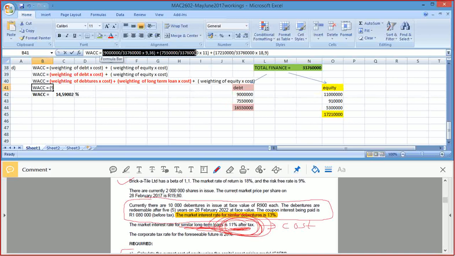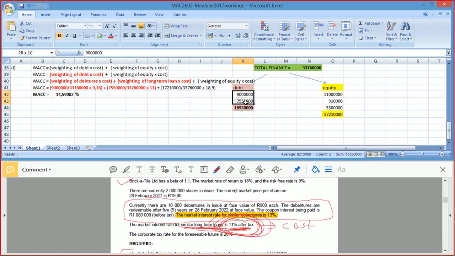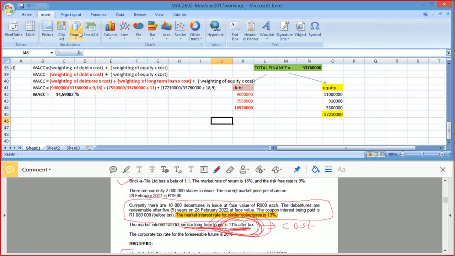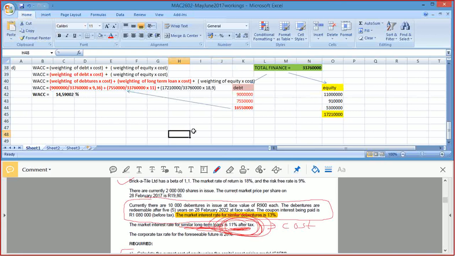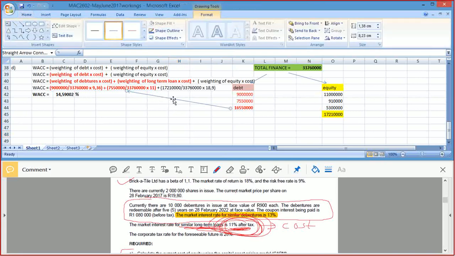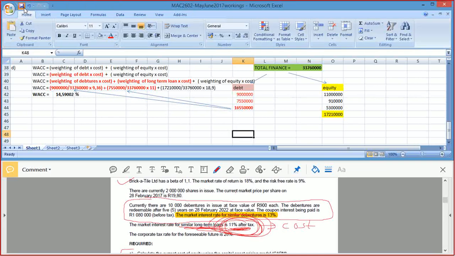Yes, long-term debt and debentures make up the total, because remember, it's coming from two different sources. Got that? Yes. Okay.